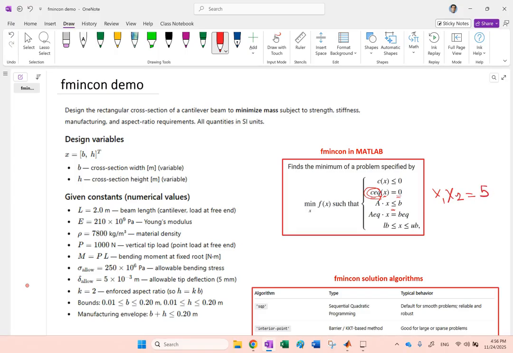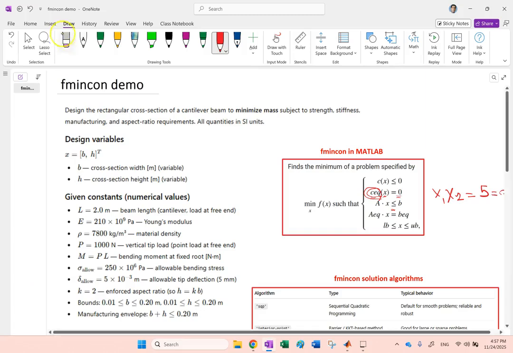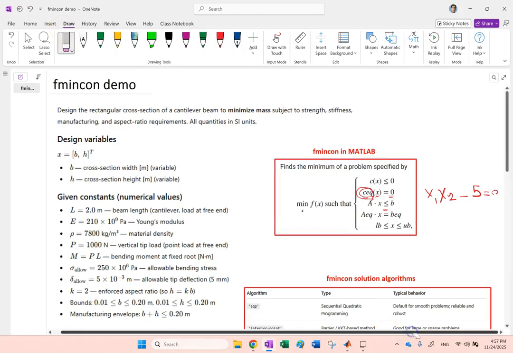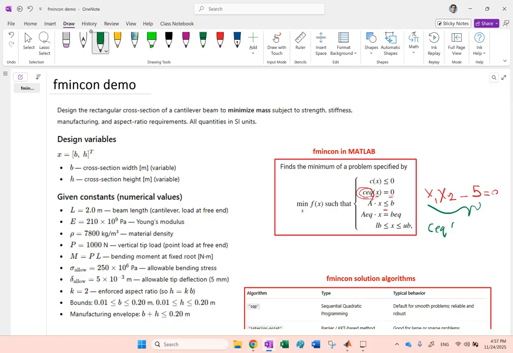Let's say they are the width and height of a rectangle, so the area should be equal to 5. Here you bring the 5 to the other side and write it as x1 x2 minus 5 equals 0. So this is your c_eq function of x1 and x2, which is equal to 0. This is the function that you need to provide.